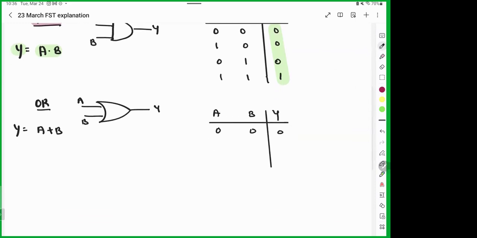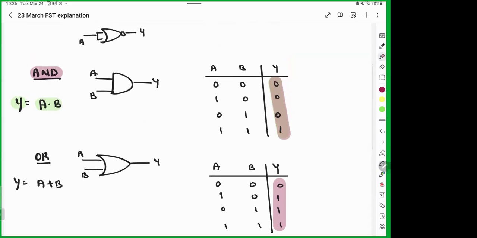But even if one of the values is 1, then it will be 1. Any doubt? This is the truth table for the OR. You should remember these two truth tables. It is a must.